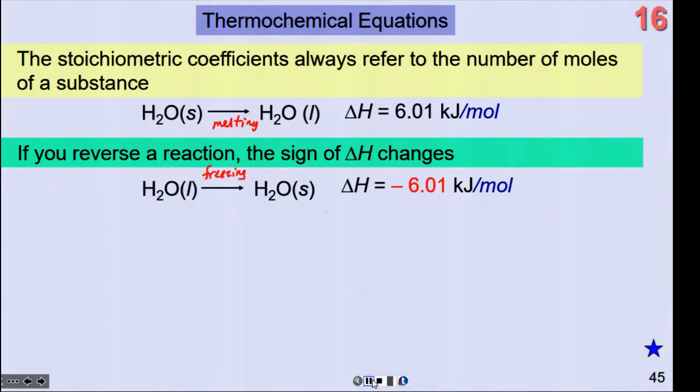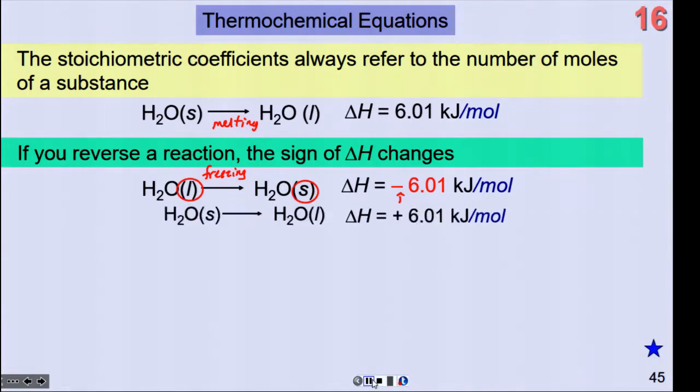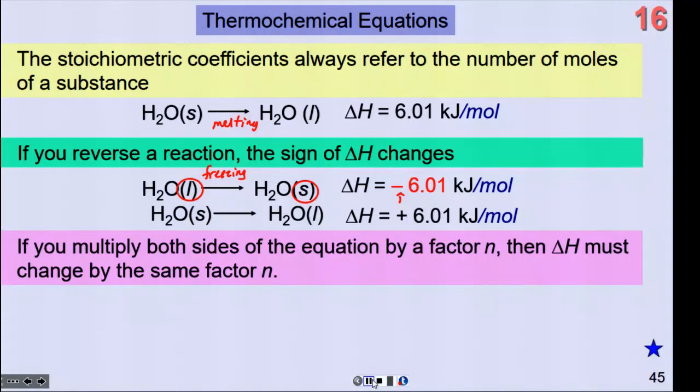The sign of delta H is now the opposite because the process is exothermic instead of endothermic. Don't forget that the sign was positive as you went from solid to liquid. It was an endothermic change.